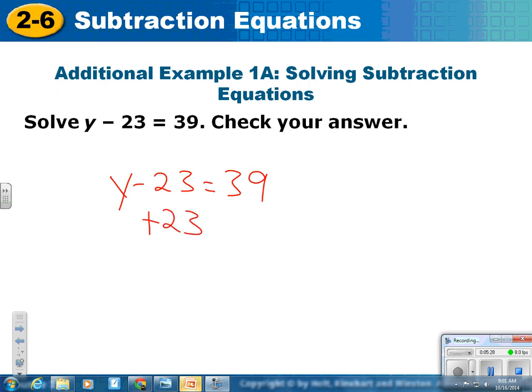What is rule number 2 of algebra? Whatever we do to one side of this equal sign, we have to do to the other. That goes away. We're left with y equals 62.